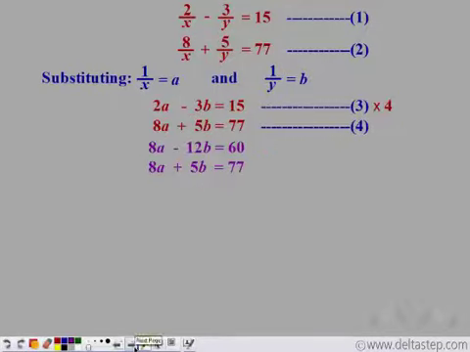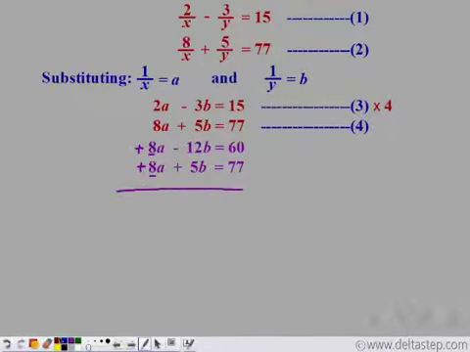This is what we have. Now the numerical part of a is the same in both the equations. Look at the signs. This is positive, this is positive. So they have the same sign. When we have the same sign, we need to subtract one equation from the other. So let us subtract this equation from this.